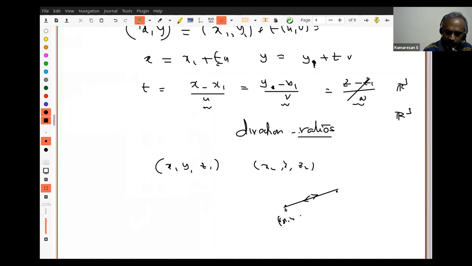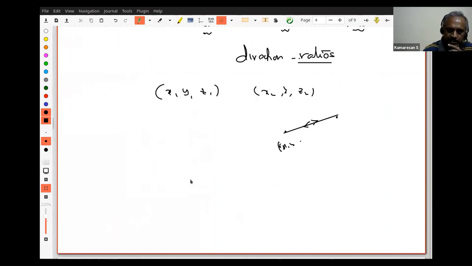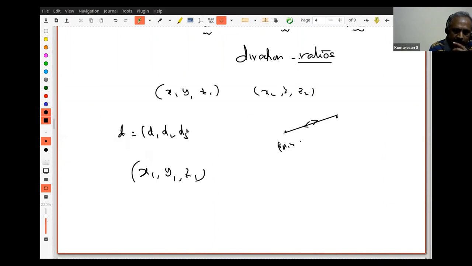Either I travel from x1, y1, z1 to x2, y2, z2 or backwards, right? Therefore, the direction is going to be the difference: d1, d2, d3 is x2 minus x1, y2 minus y1, z2 minus z1.